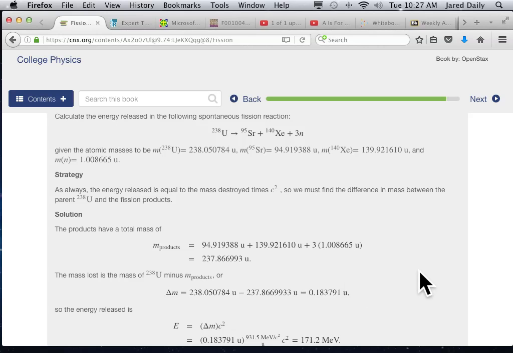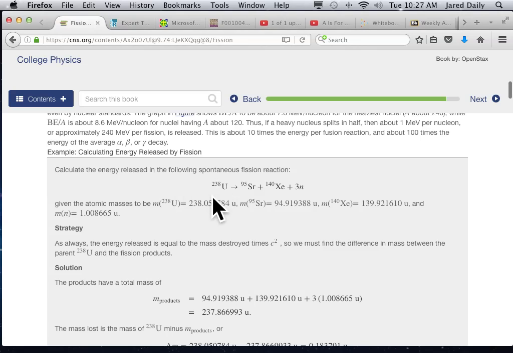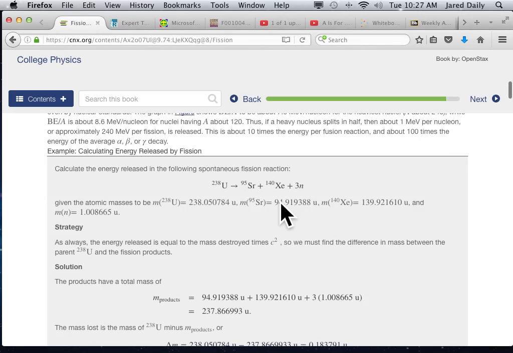Now, how do we calculate the amount of energy? Remember the mass defect? The mass of the reactant is greater than the mass of the products. So if you start off with the mass of uranium-238, it is 238.050784 atomic mass units.